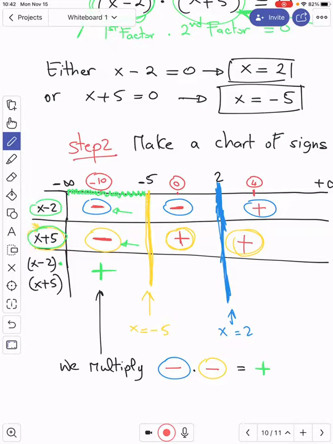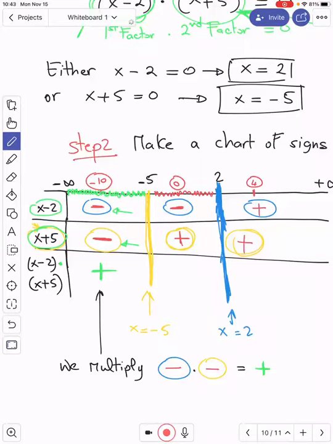Now, the next interval is between -5 and +2. Let's take red here. From -5 to +2, that's my second interval.